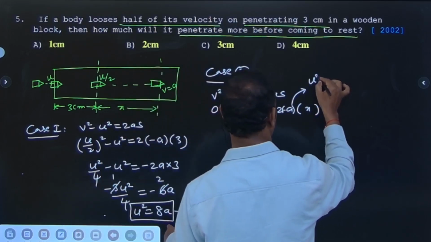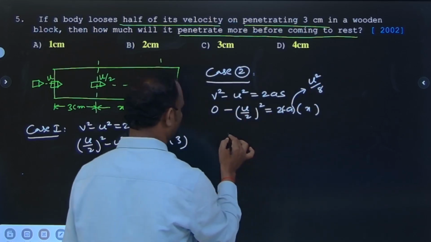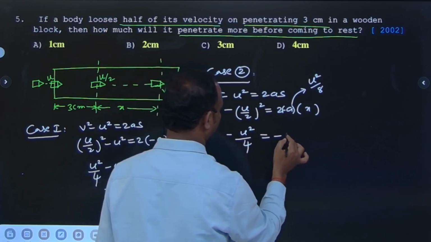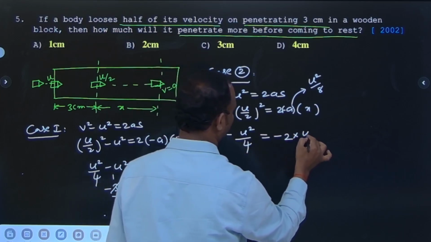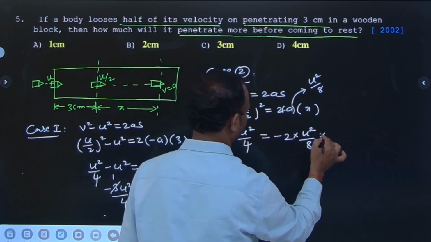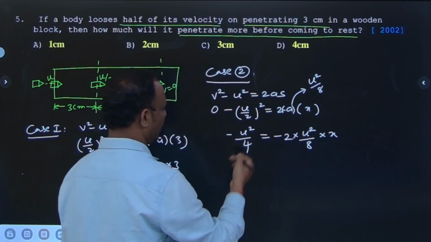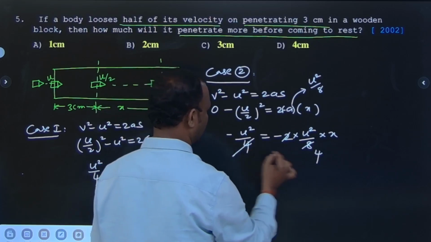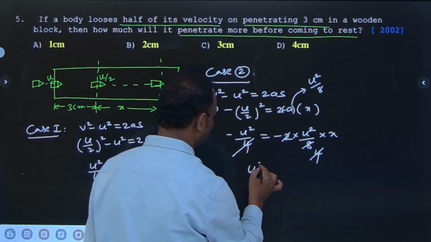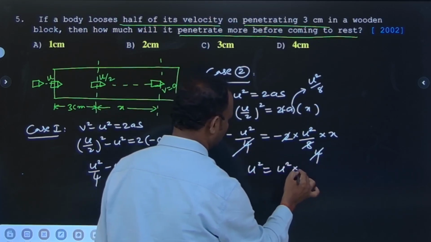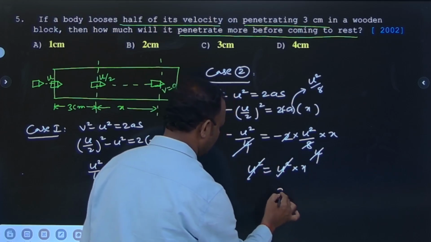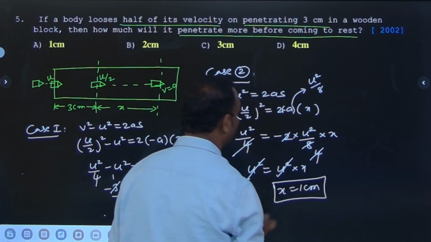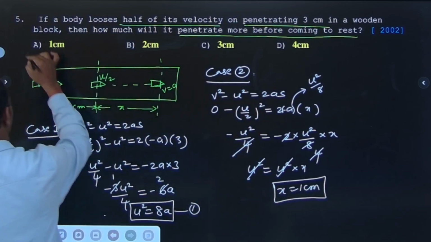So minus u square by 4 is equal to minus 2 into u square by 8 into x. Minus signs cancel, and 4 and 4 cancel. U square is equal to u square into x. U square cancels. X is equal to 1 centimeter before coming to rest. The answer is option A.